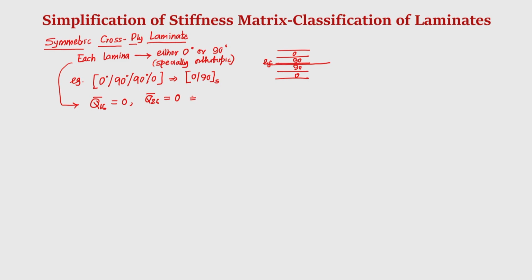As a result, since we know what the A matrix is, A16 is nothing but the sum of Q16 into Tk over all the layers. Since Q16 is 0, A16 is also 0. Similarly, A26 is also equal to 0.